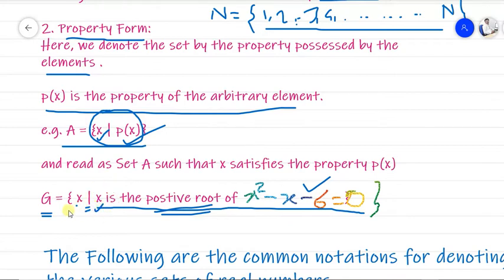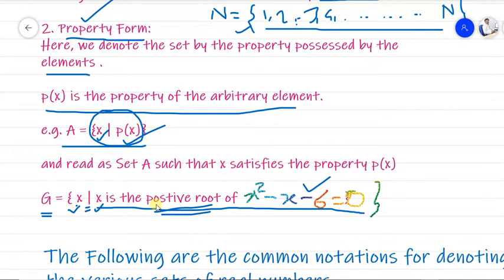All such x make up the set. So we have to find all such positive x and write them here. Then that set becomes a set representation in list form. Instead of list form we are writing like this, and this way of representing the set is called the property form.